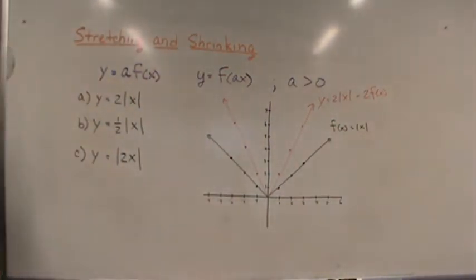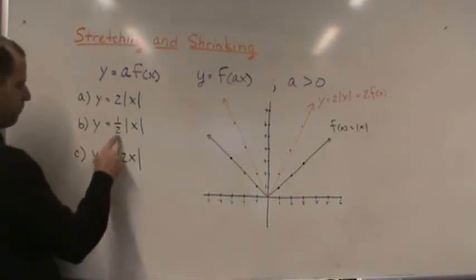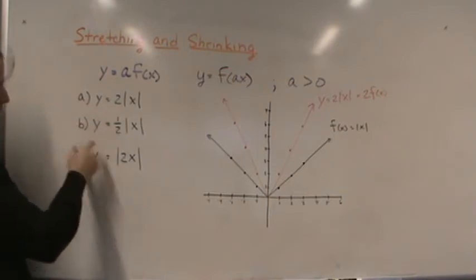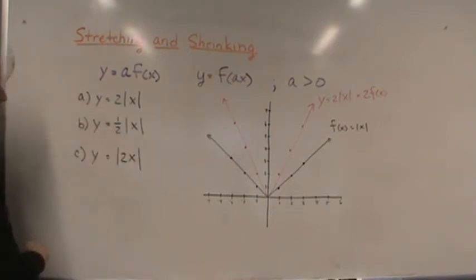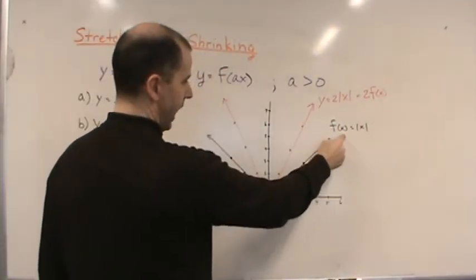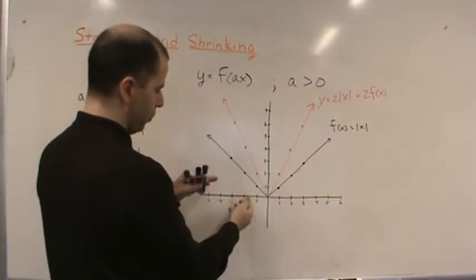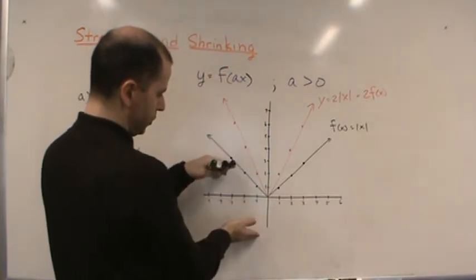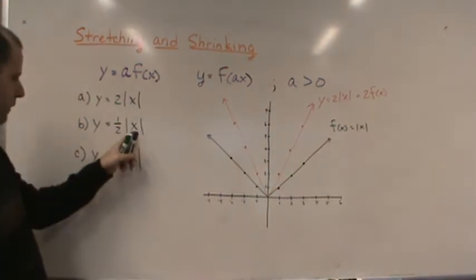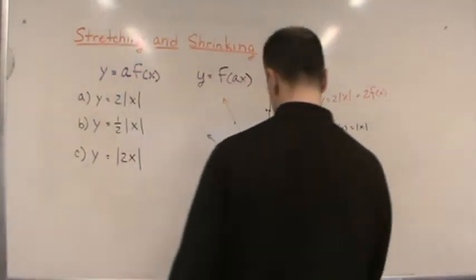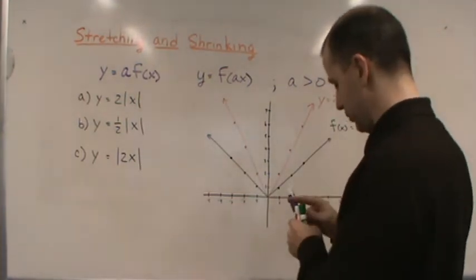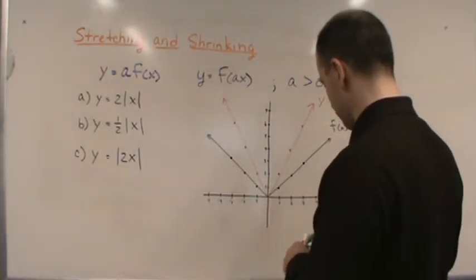Okay, now what if we do this? What if we take half of f of x? Basically we're taking this function and taking half of it, which means we're going to take these values and push them down and make them half. So let's put in the values. If I put in 0, of course that's not going to change anything, 0. If I put in 1, I'm going to get a half. Now let's do this in a different color.